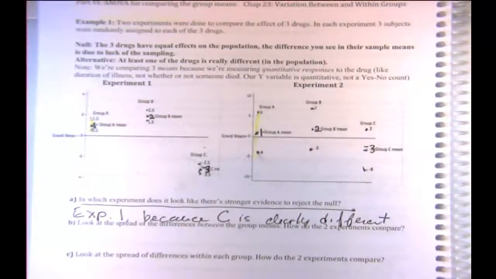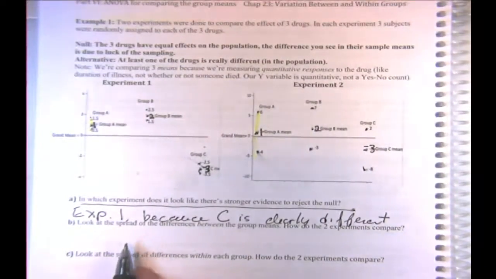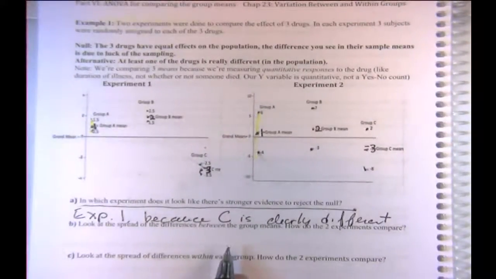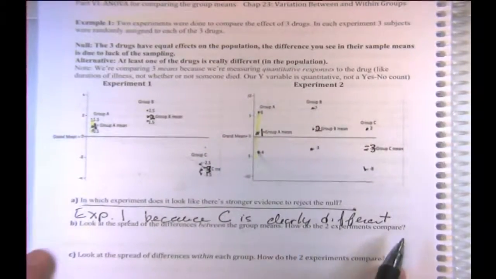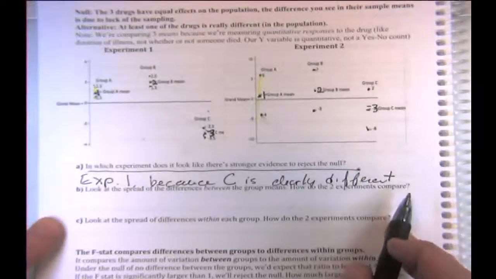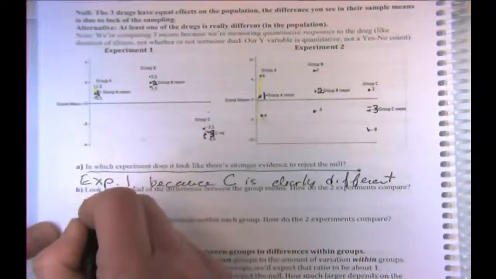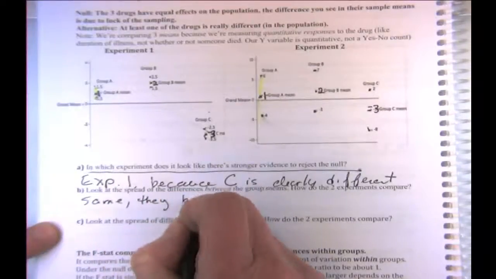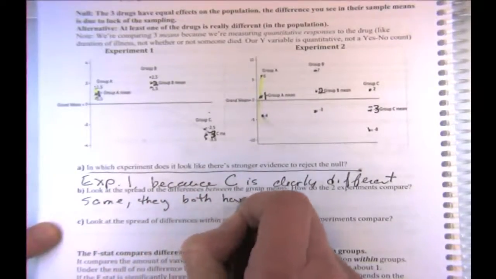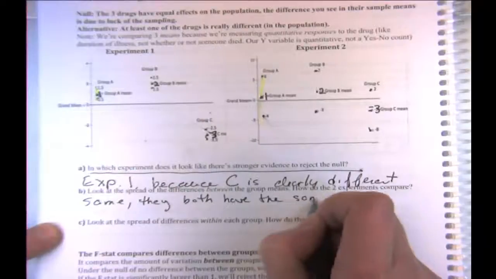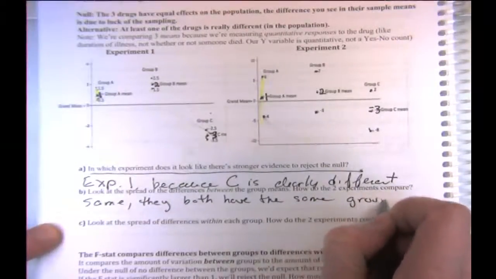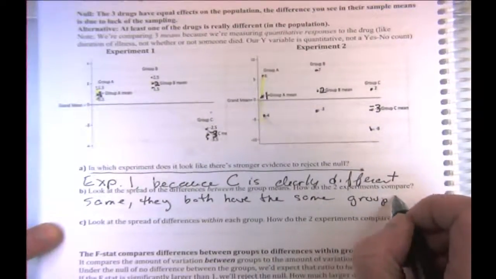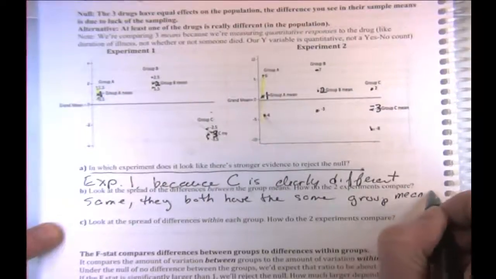All right, so you look at the spread of the differences between the group means. How do the two experiments compare? Well, they're exactly the same. They have the same group means. What are the group means?